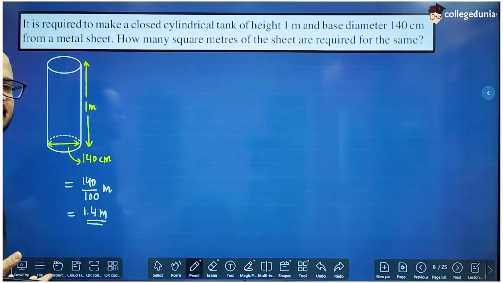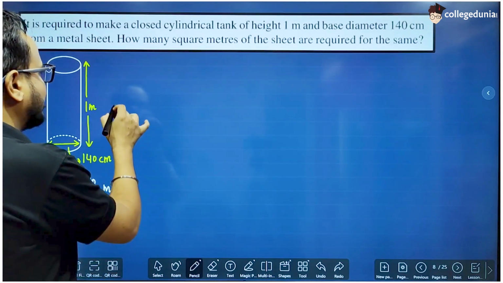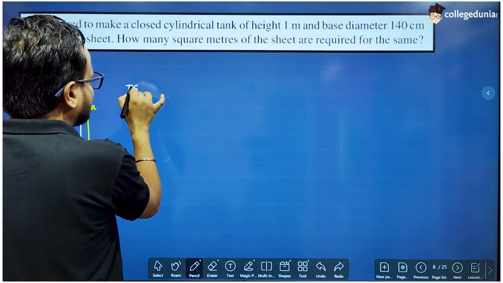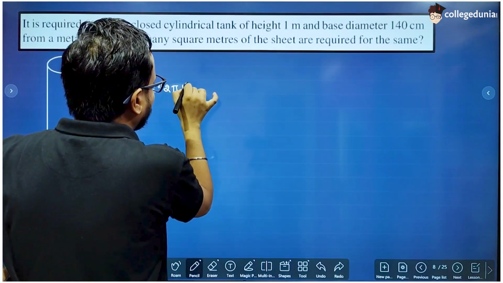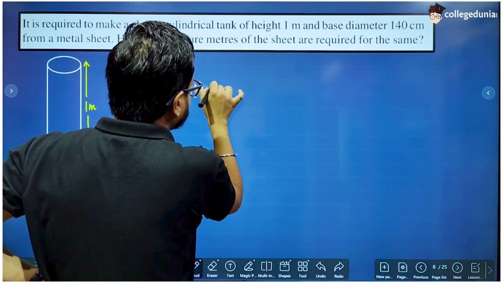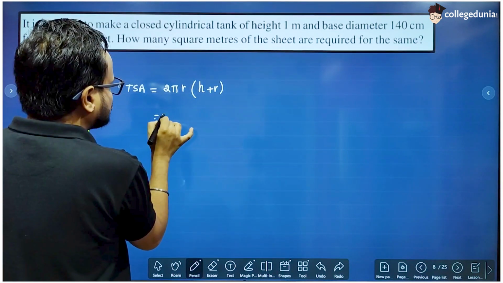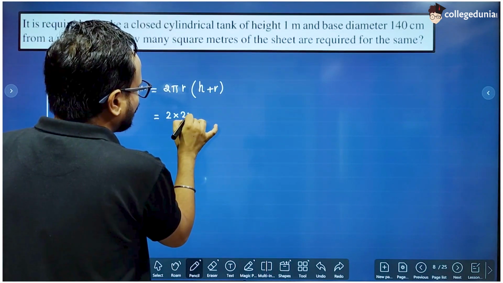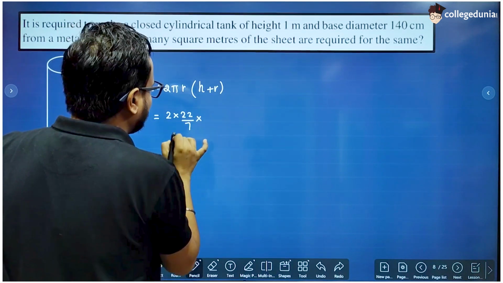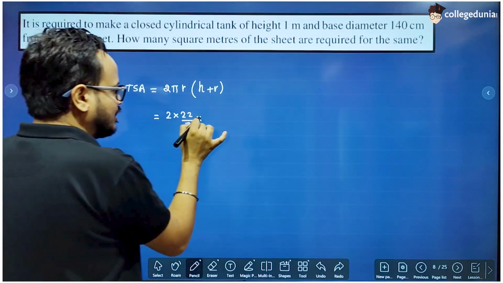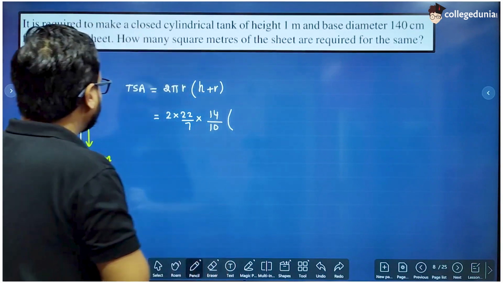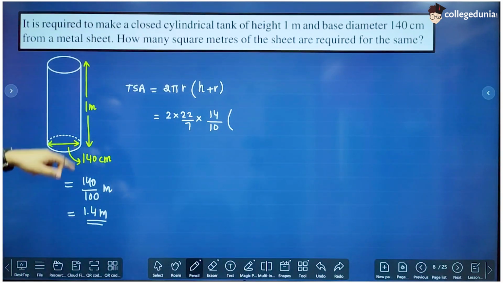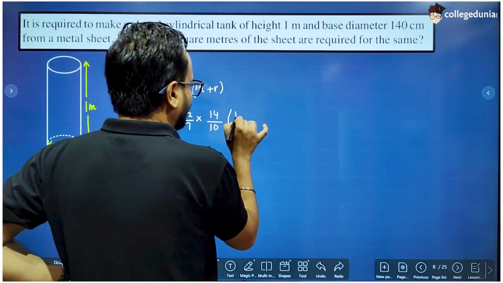How many square meters of sheet are required for the same? We just have to find the total area. So what is the total surface area? 2 pi r into h plus r. So 2 into 22 by 7 into r, which is 1.4, and we can take that as 14 by 10, into h plus r, 1 plus 1.4.